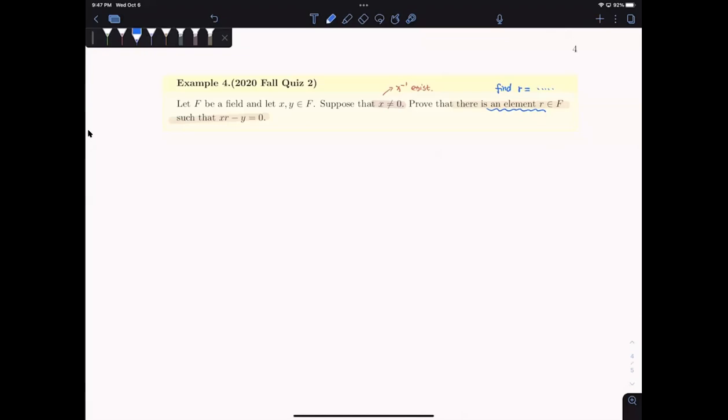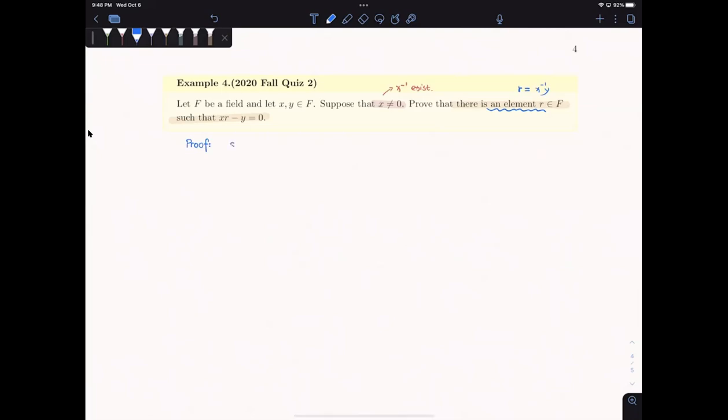Okay, let's try this. Now I'm pretty sure you all know how to prove it. So proof, we want to let it be x inverse y. So we need to say that this exists, right? So suppose, okay, so where do I start?